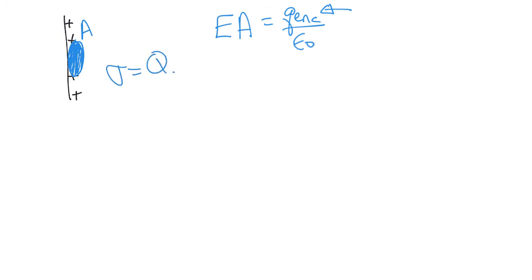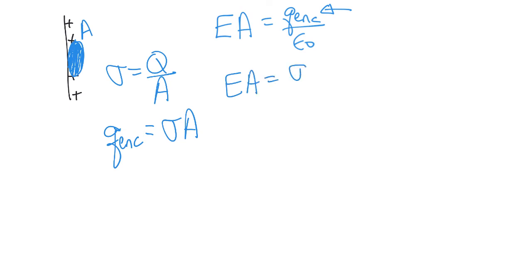We know that sigma is Q over A, and we want the amount of charge, so that is just sigma times A. We are given sigma, so let's plug that in. Our left-hand side is EA, and our Q enclosed is sigma times A.